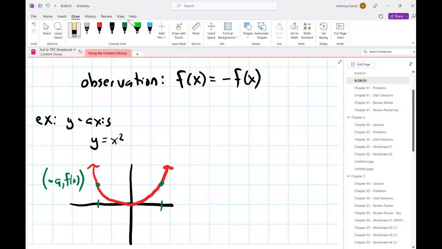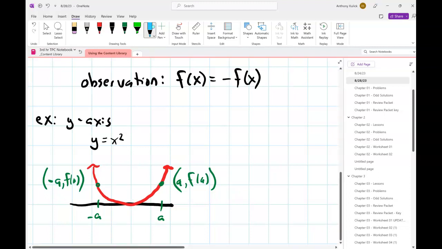So if I have the point a comma f of a, I should also have the point negative a comma f of a. If I think about this as like a mirror, whoa, what just happened?